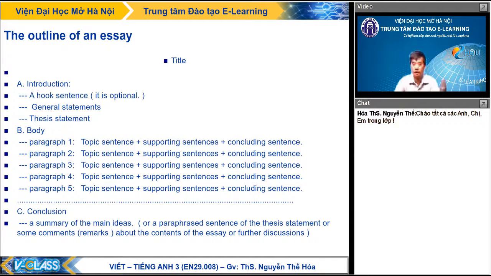So what is thesis statement? In the previous class we have already learned the basic things about thesis statement. Actually, the thesis statement is a complete sentence. This complete sentence gives us the topics we are going to discuss and also the boundary or the limitation, that we can only discuss the things within a limitation or the boundary.